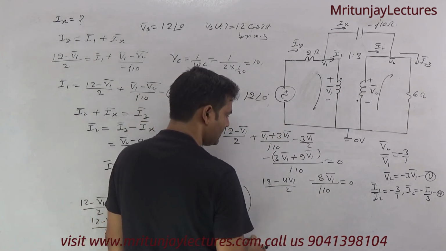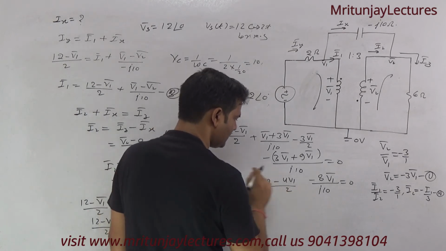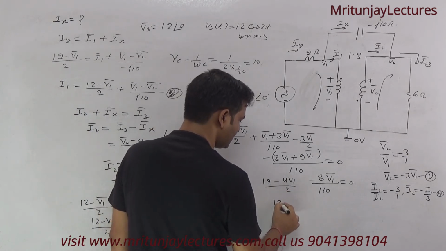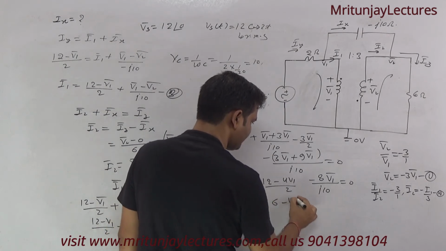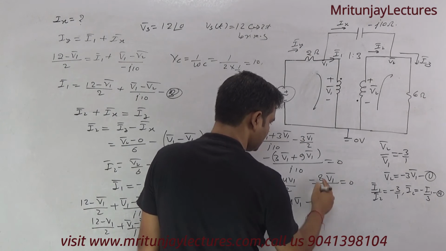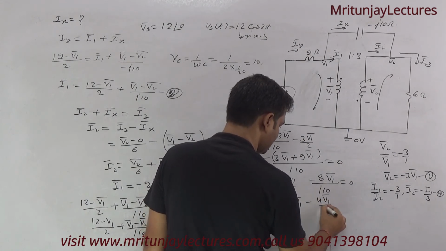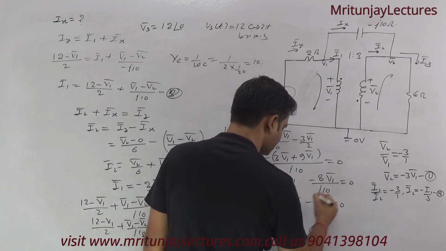So if you resolve it, 12 is written as 6 minus 4 V1, equal to minus 4 V1 divided by 5j, which will be equal to 0.